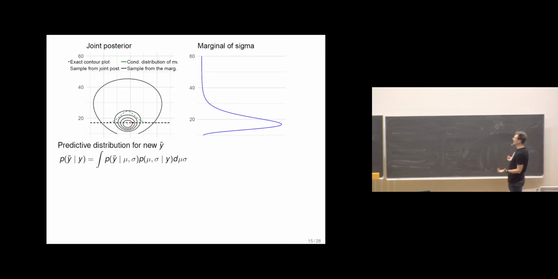We could also write the joint distribution. So y tilde is the future observation, but we could also have a joint distribution for the future observation, mu, and sigma. These are all unknown to us.